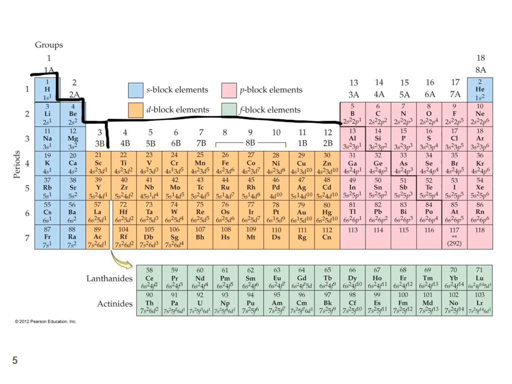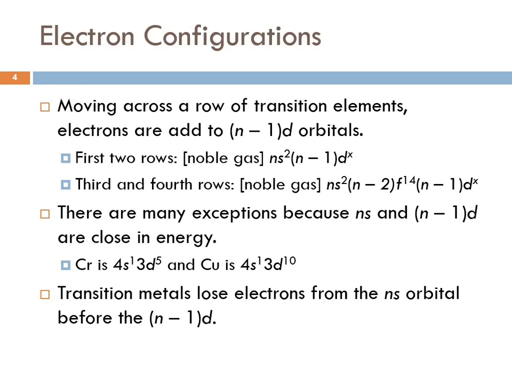So, you know, that helps some people. So anyway, we've got the d orbitals being filled here. And so these have very similar electron configurations. Most of them have the 4s orbital full, and then they just vary in the number of d electrons that they have.